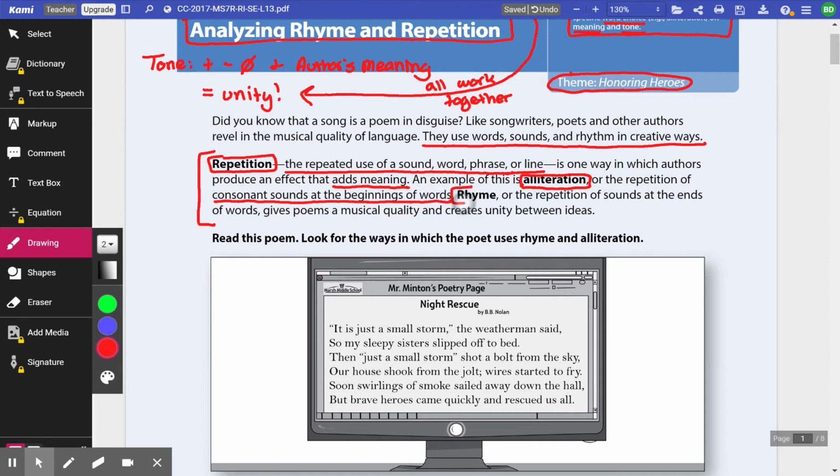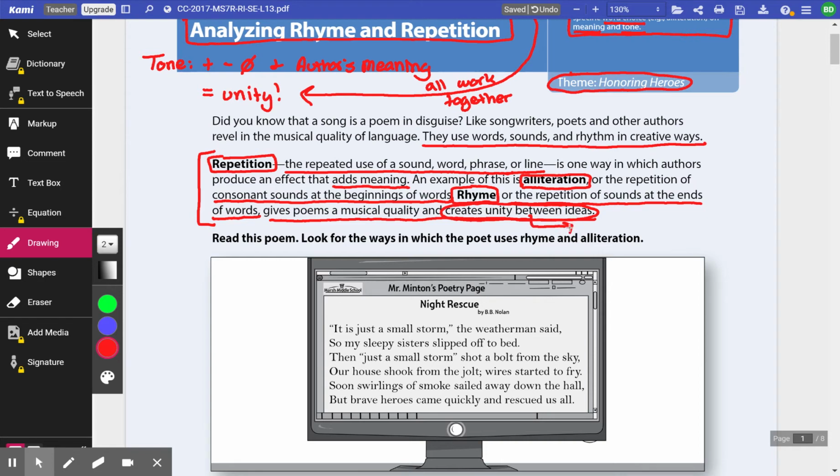Rhyme would be another example, and rhyme is the repetition of sounds at the ends of words. We know words rhyme if they have the same ending sound. The purpose of a rhyme is to give a poem a musical quality that creates unity between ideas. So that is the purpose of the rhyme, to create unity.